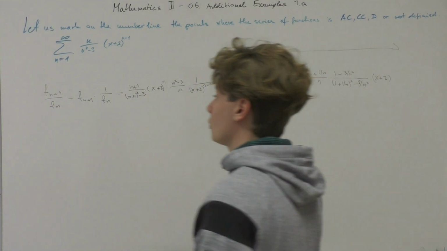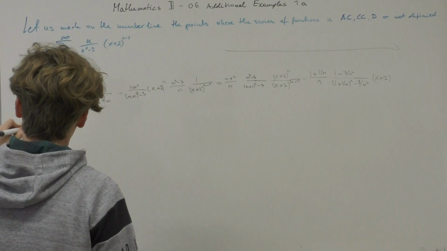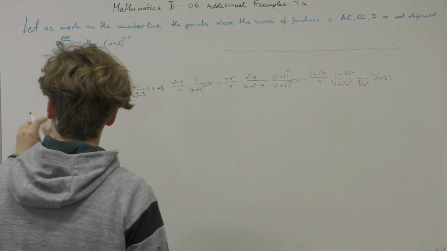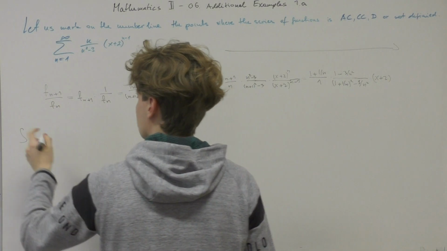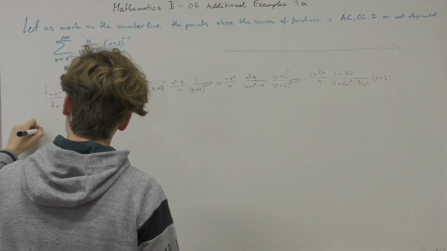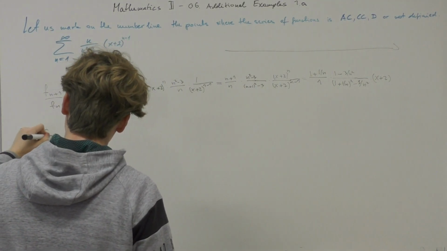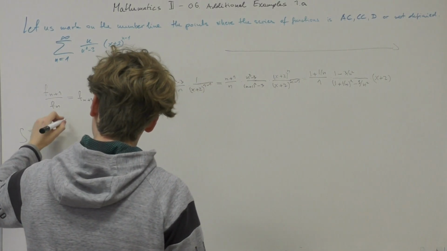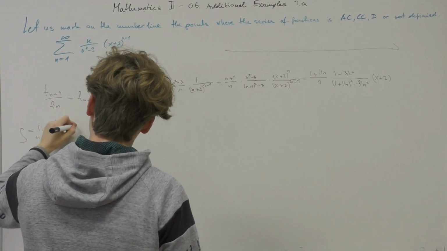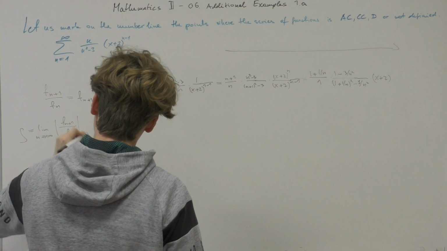And now rho will be the limit of the absolute value of this fraction. So rho will be the limit as n goes to infinity of the absolute value of f_{n+1} over f_n.